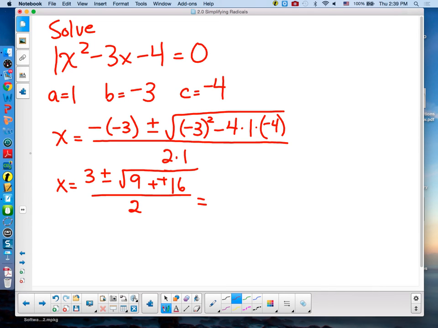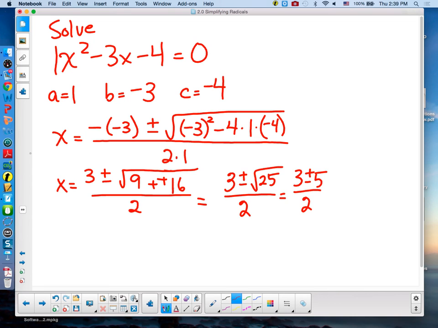9 plus 16 is 25. So this is going to be 3 plus and minus square root of 25 divided by 2. Square root of 25 is plain old 5. 3 plus and minus 5 divided by 2.